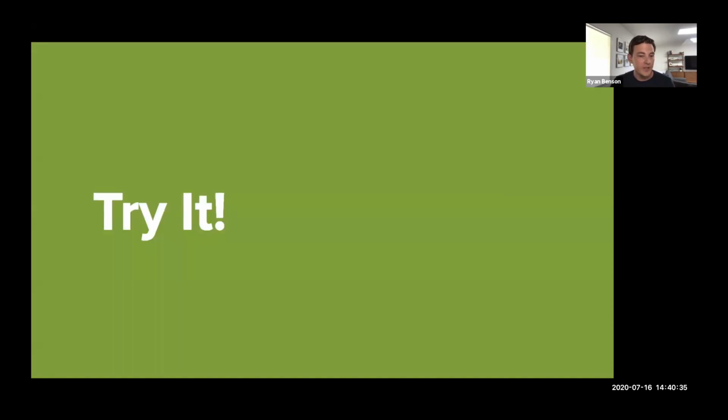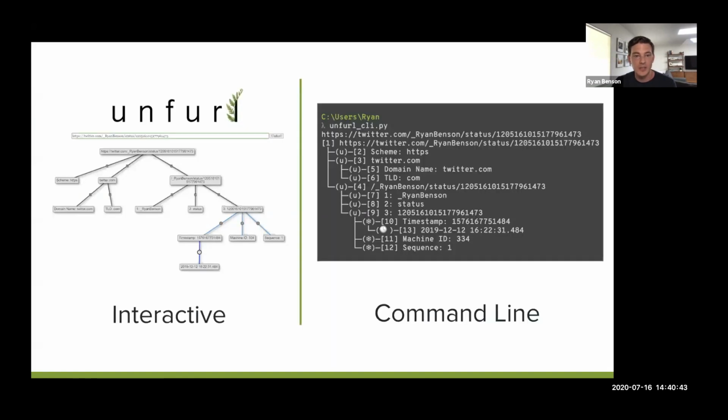And then hopefully this presentation made you think Unfurl might be useful to you. So I'd love for you to give it a try. When you want to try it, you have a couple options. The first decision you need to make is if you want to use the interactive version, which I've been showing you here. It's a web interface. You drop it in, you click a button, you can move the nodes around with the mouse, you can change the colors, all that kind of fun stuff.